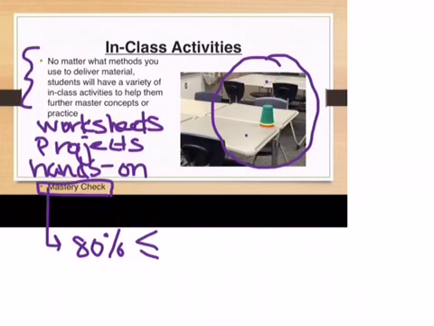I just circle the problem that they got incorrect, and then I look at the activities that I had given them, and I will give them follow-up instruction if they need it, or just follow-up problems to work on to help them master it, so that they can come back and fix the problem to receive their 80% to move on and get credit.